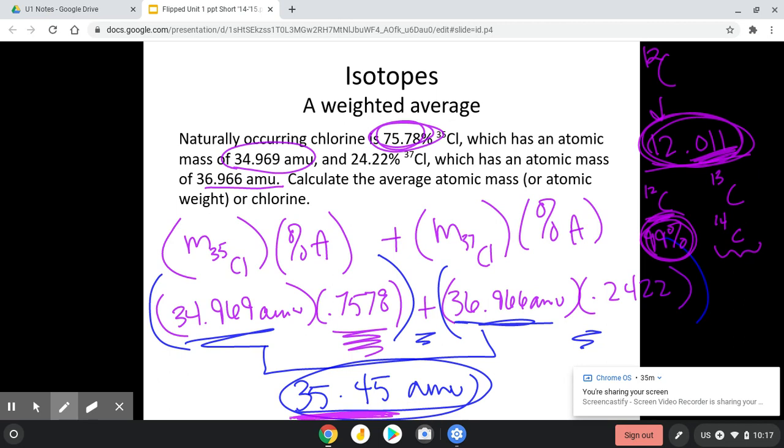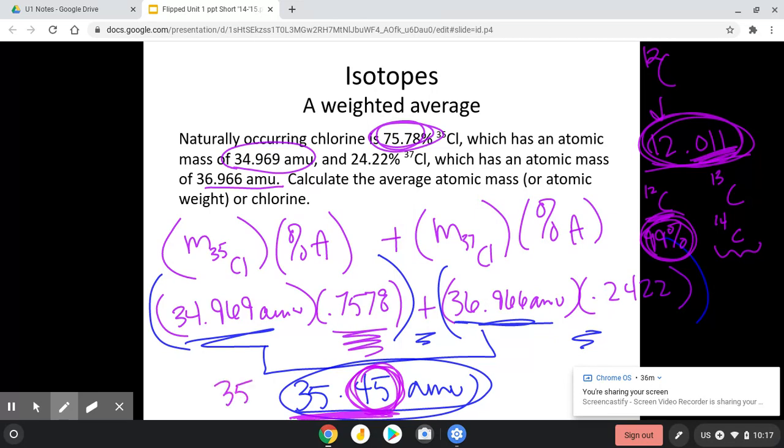If you didn't get that answer, what I would suggest is that you go back and look at what you typed into the calculator and look at your parentheses. It's really, really important that you bracket this before you add it. You have to force your calculator to do the correct order of operations. And if you don't put it all in parentheses, it will add before it multiplies and it'll throw you off.